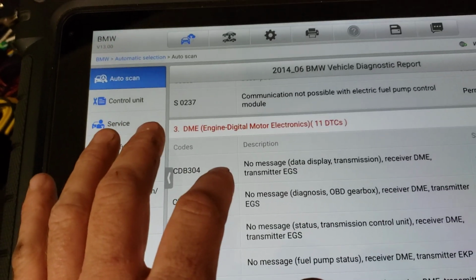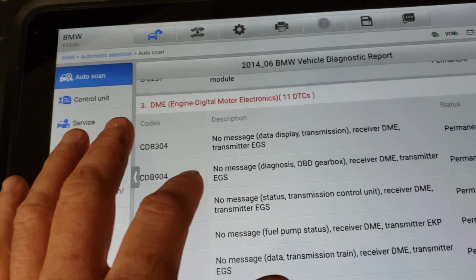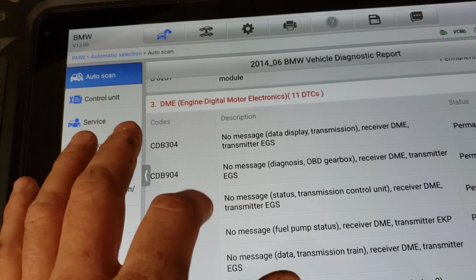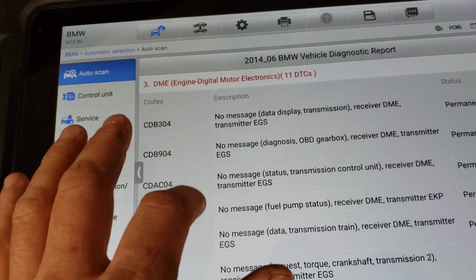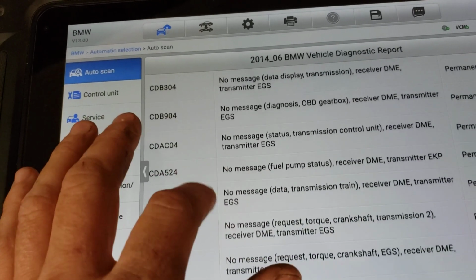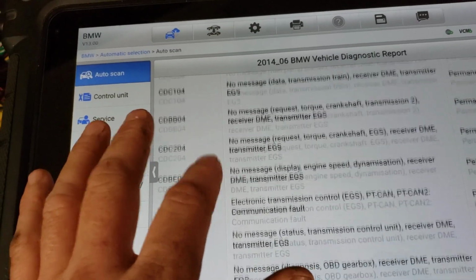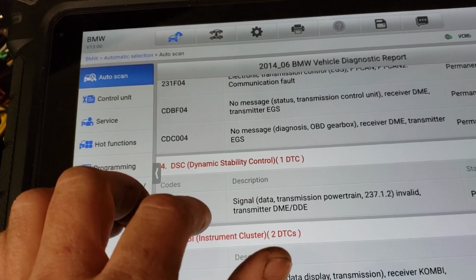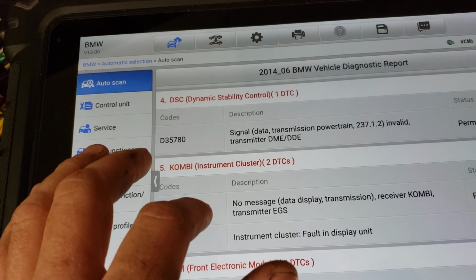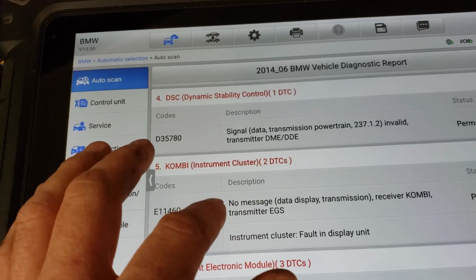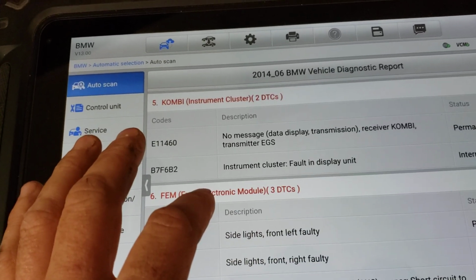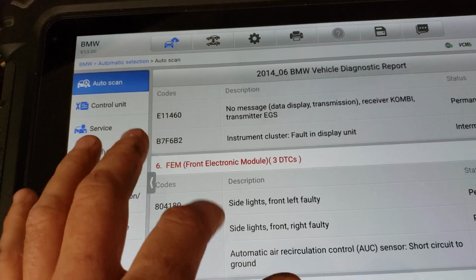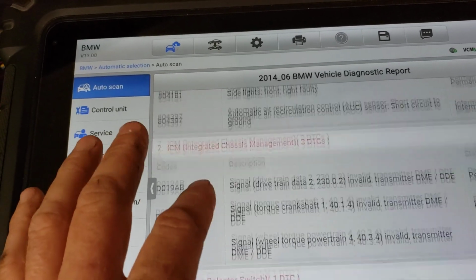But the engine computer, the DME: no message from the EGS, bunch of EGS codes, the fuel pump stuff, all this, right? And then nothing there that's going to really help. Cluster: no EGS receiver, transmitter, light stuff.